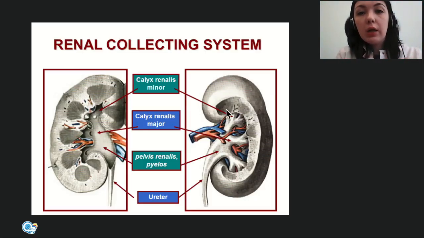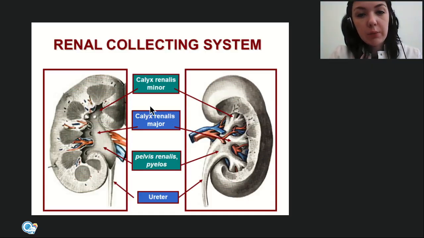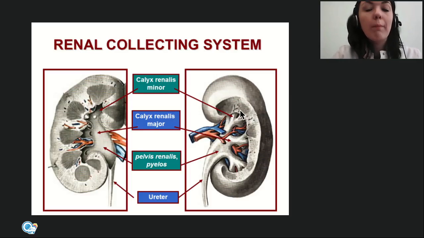Very many collecting ducts join and open at the papillae, and urine goes to the renal collecting system, or pelvic-calyceal system of the kidney. Pelvic because it consists of the renal pelvis, and calyceal because it consists of calyces, minor and major. First urine is excreted into the minor calyx. One papilla opens into one minor calyx, and in each kidney there are from 10 to 12 minor papillae.